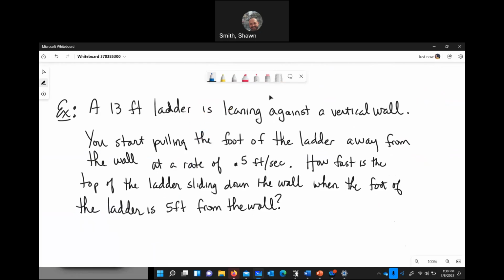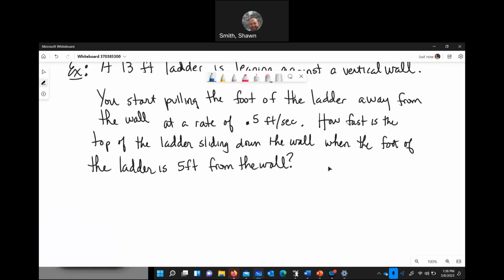So is the 13 feet given at the beginning not useful? Yeah, it's useful. Watch with the picture we draw, you'll see why it's useful.